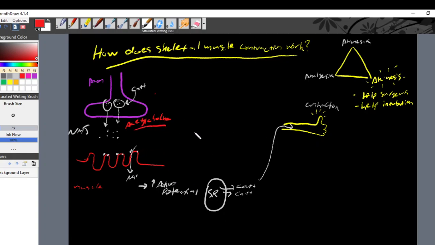So what we're going to do is blow this picture up right over here, and we are going to draw the acetylcholine receptor. I like to draw it just like this here. I'm going to label it NACHR, nicotinic acetylcholine receptor. And what acetylcholine is going to do is bind to two sites on the acetylcholine receptor.